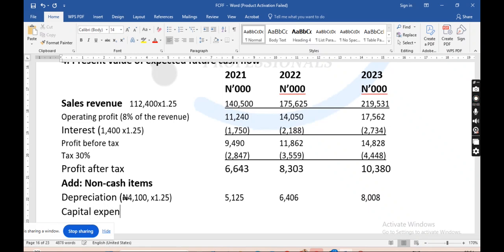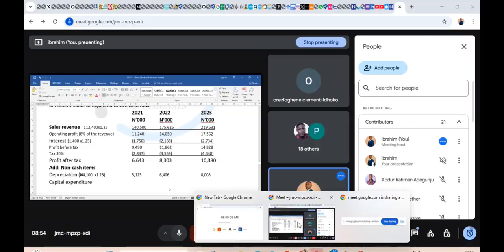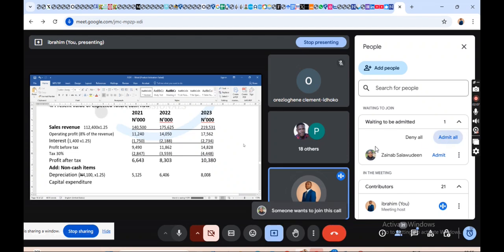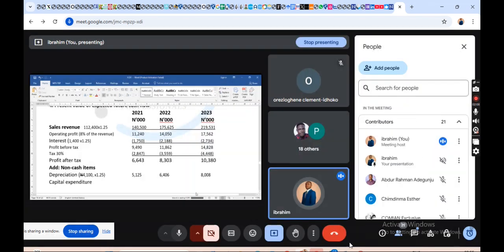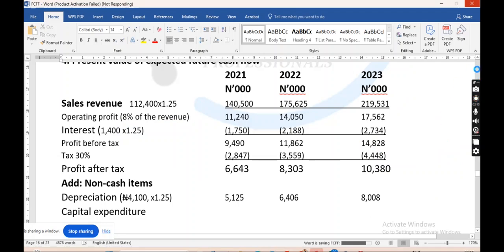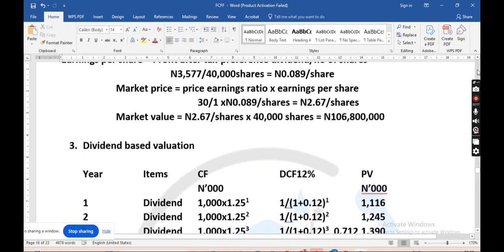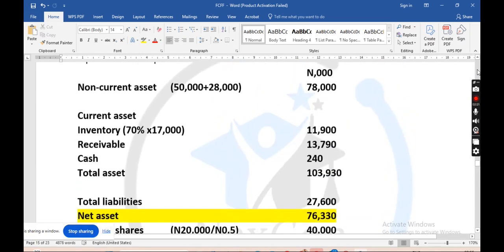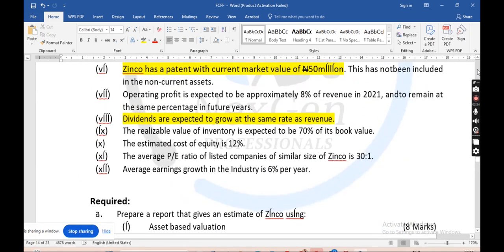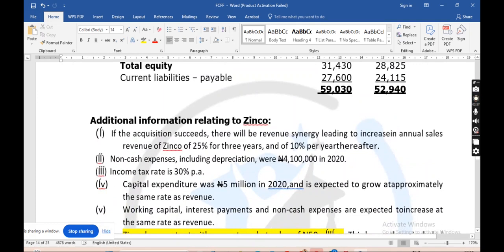Capital expenditure. Don't forget in the question, we're given one figure for 2020, and we have to increase that capital expenditure by a certain percentage, right? So we quickly check. The capital expenditure was 5 million in 2020, expected to grow at approximately the same rate as revenue, and the revenue will increase 25% per year.